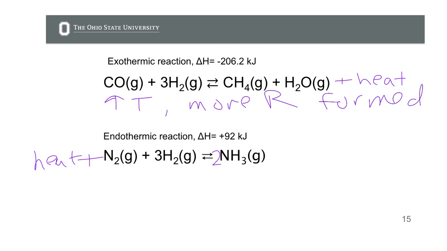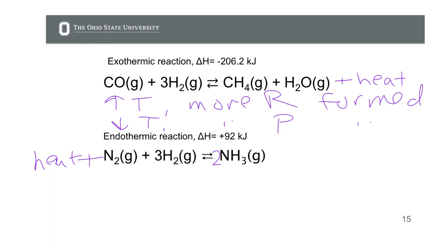And vice versa. If we decrease the heat, we put this reaction on ice, okay? We remove heat from the system, we're going to form more products. That make sense? If we decrease the temperature, we form more products.